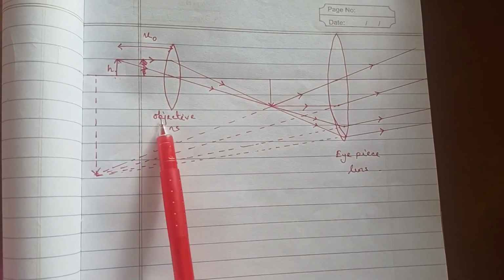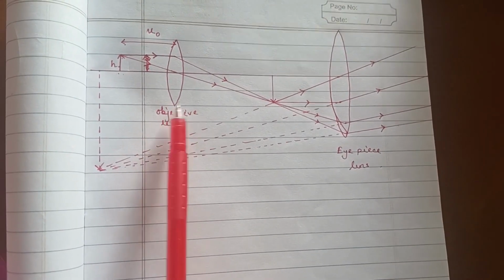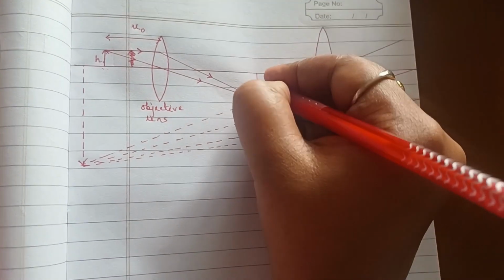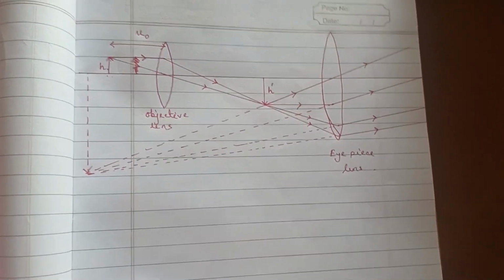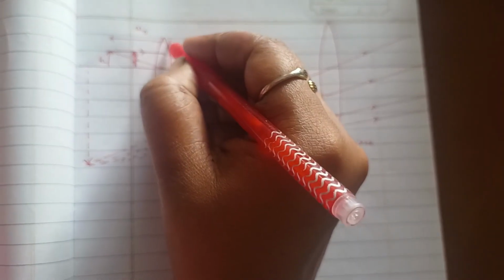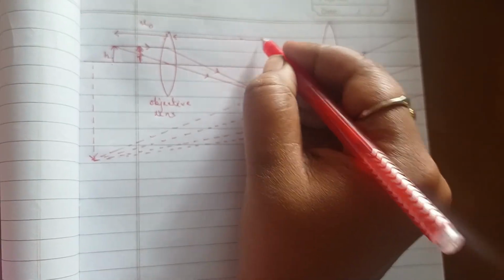Now from here, because of the object over here, at first the image is created over here because of the objective lens. So this is your object, this is your objective lens. For the lens, the first image is being created over here. The height, we are saying it as h dash, and the distance from the objective lens to where the first image is forming, till here.